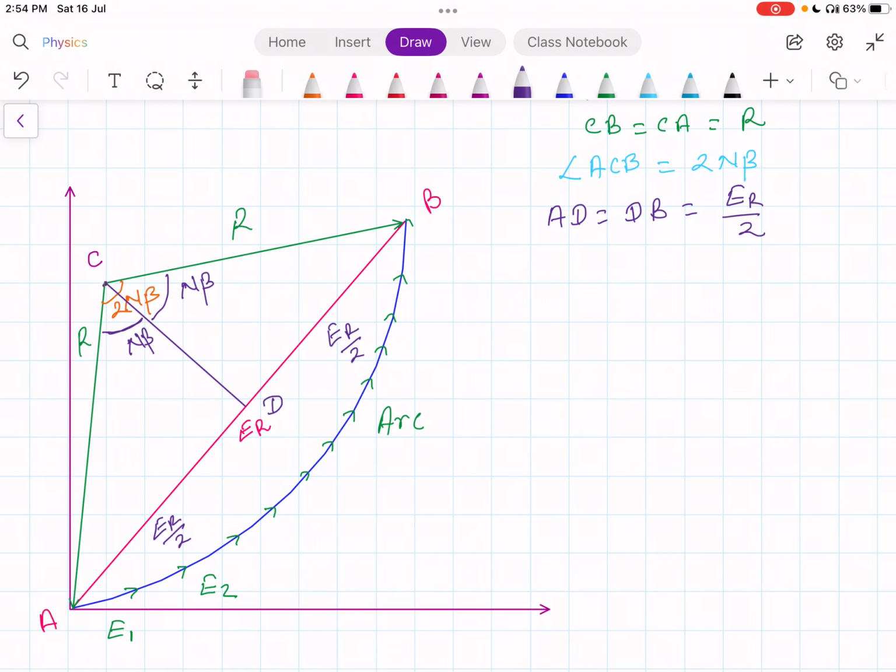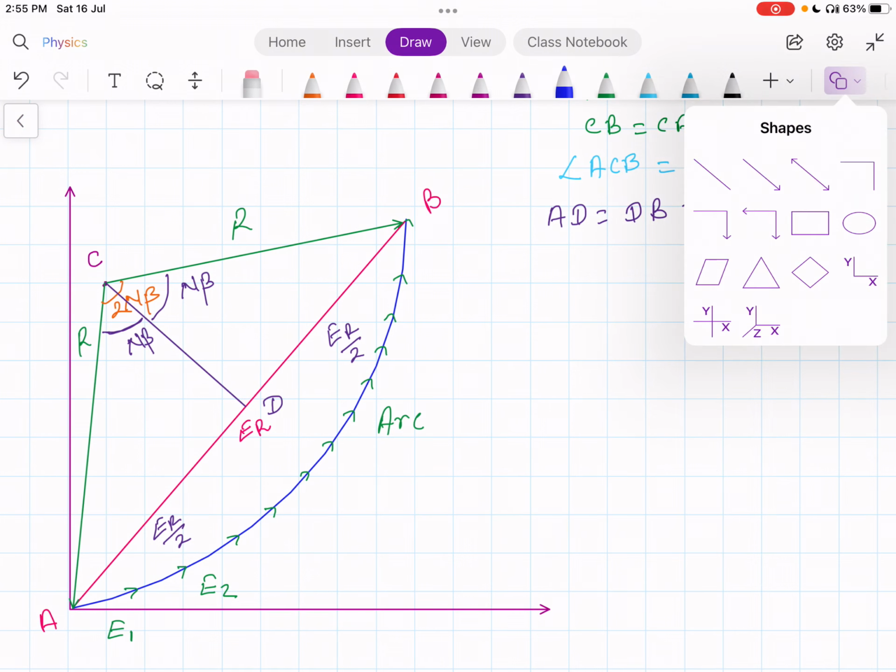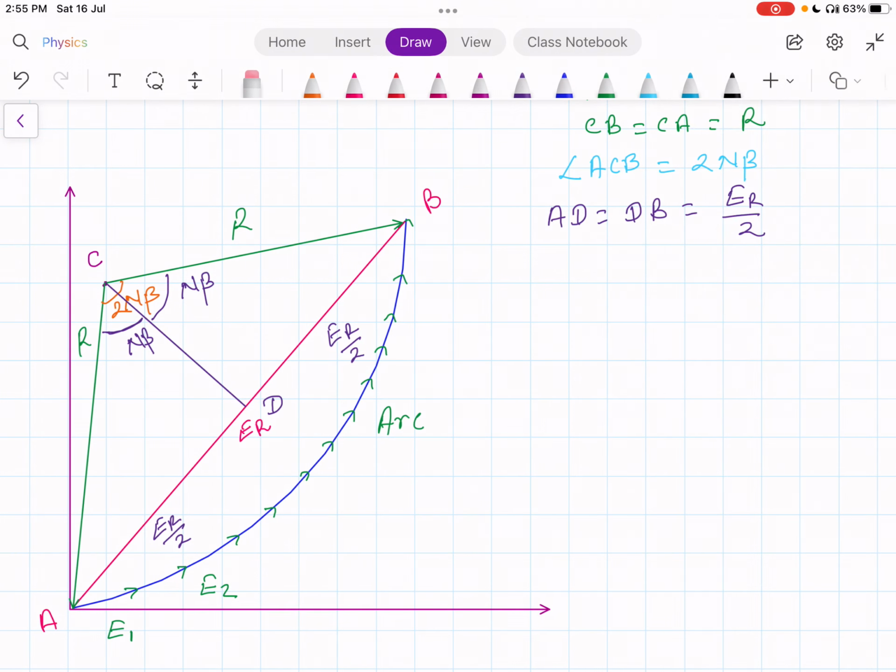One more line I am drawing which will join center C and E1, and let's say that point is N. Then what is the angle ACM? This angle is equal to 2 beta.